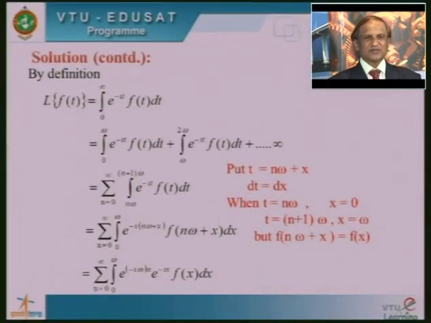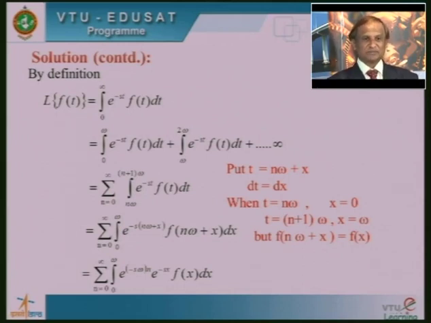Now, first we prove the left-hand side equals the right-hand side. How are we going to prove it? It is very simple. You know the basic definition of the Laplace transform: L of f(t) is equal to the integral from 0 to infinity of e^(−st) f(t) dt.